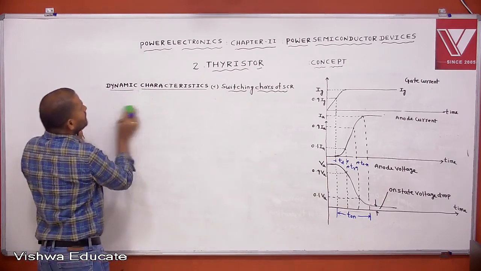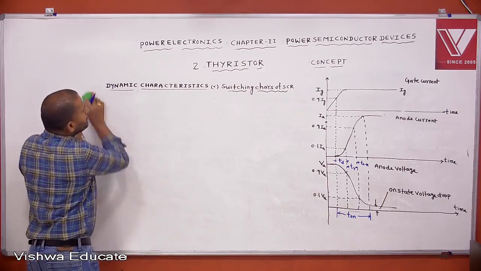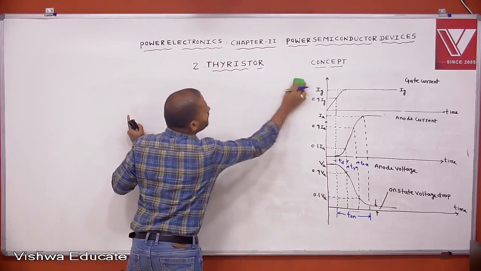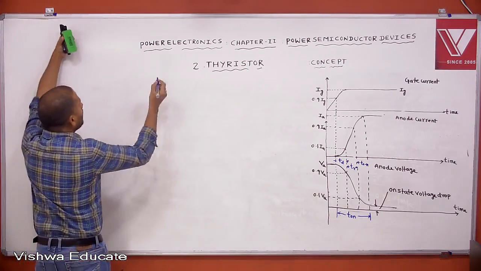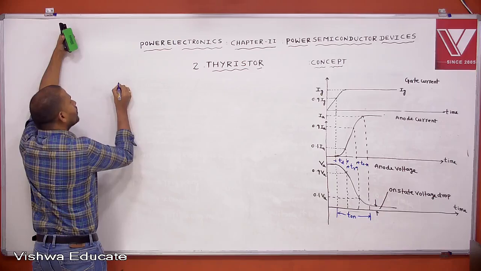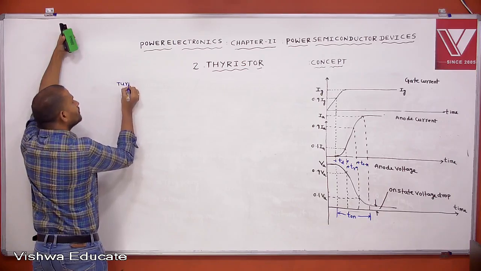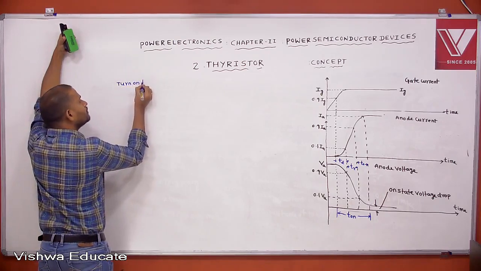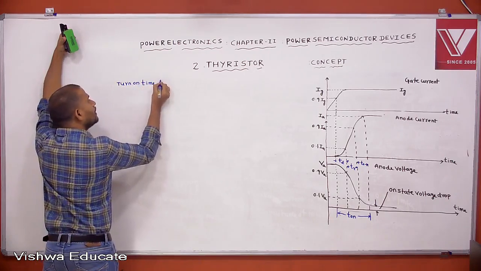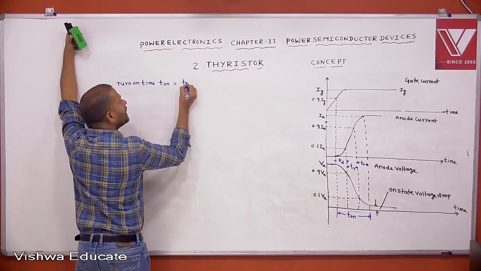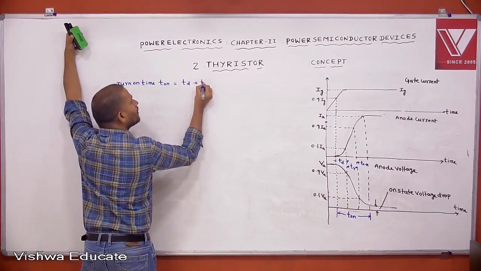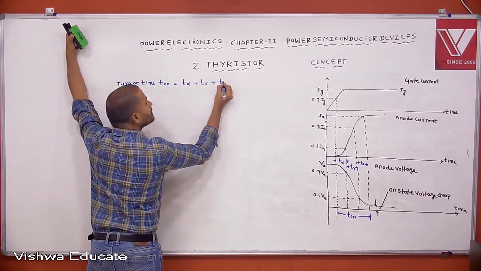Now I am explaining the turn on characteristics. In this, what is the total turn on time of SCR? Turn on time T on is equal to TD plus TR plus TS.